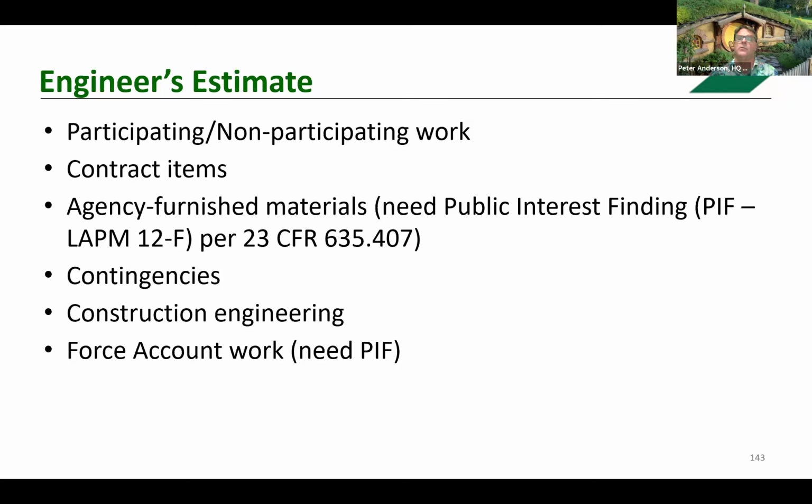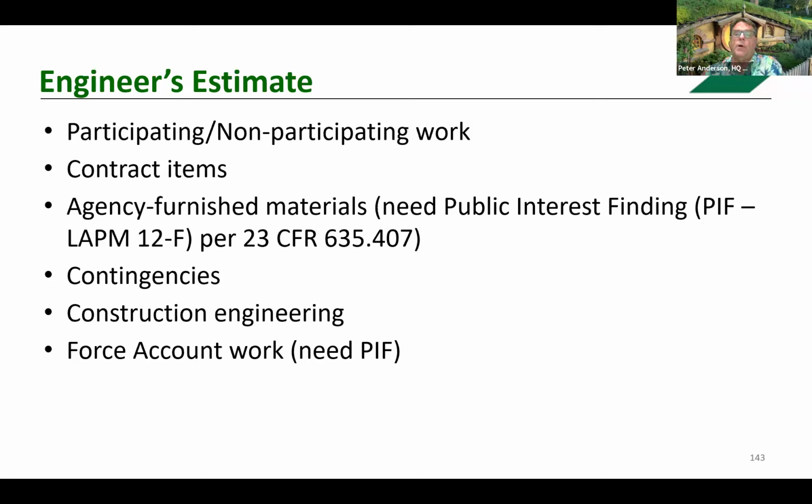And any materials purchased by a local agency and furnished to the contractor for mandatory use must be acquired on the basis of competitive bid, except for the cases where there is, again, a public interest finding. And then the agency must submit that 12F. The estimate should include contingencies, including supplemental work, which can range about 5 to 10%.